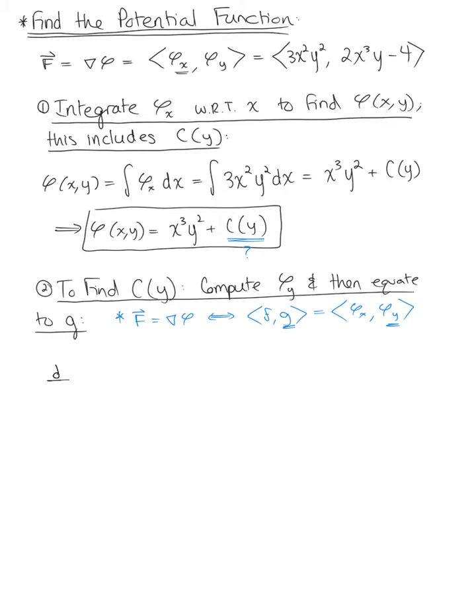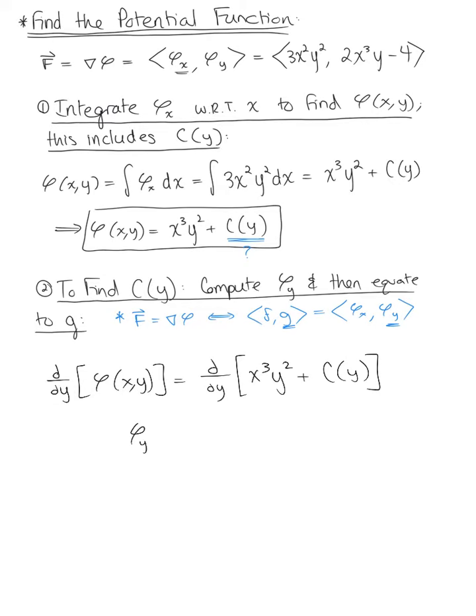So we take the derivative of the potential function, or the initial potential function we found in step 1, so this leaves us with the partial derivative of phi with respect to y is equal to 2x cubed y plus c prime of y.